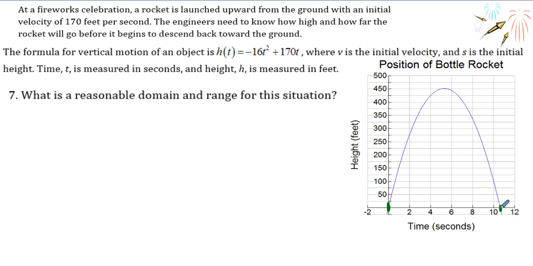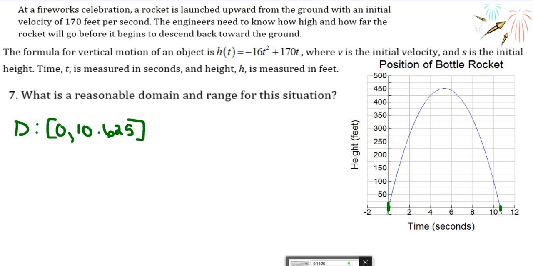And again, we found this point in our last problem. So we could say a reasonable domain would be from 0, including 0, to 10.625, because that is the time that the rocket is in play, launched and landed.